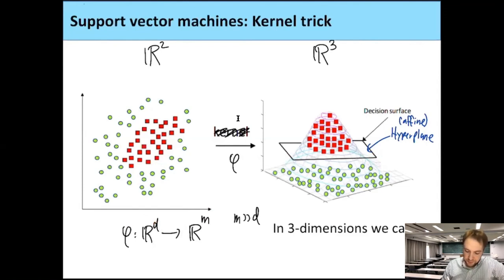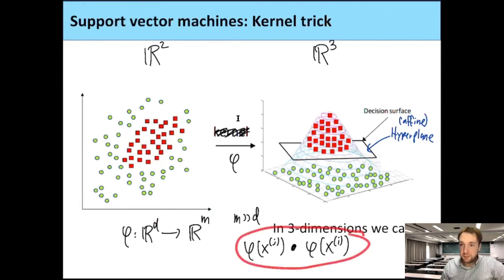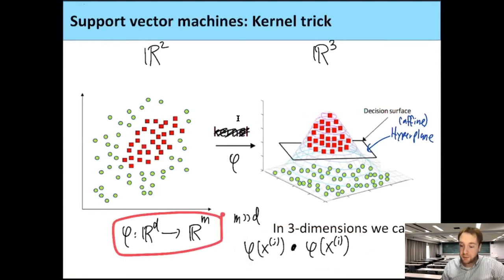We will just be interested in the dot product of phi of some input vector with phi of another input vector. And this will then in the end be the kernel. So actually we will not calculate this map explicitly. We will just be interested in calculating the dot product of two input vectors in this space.